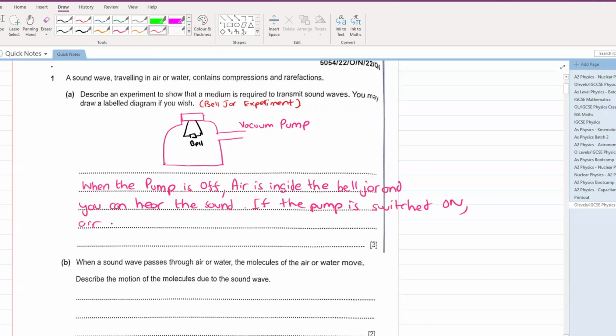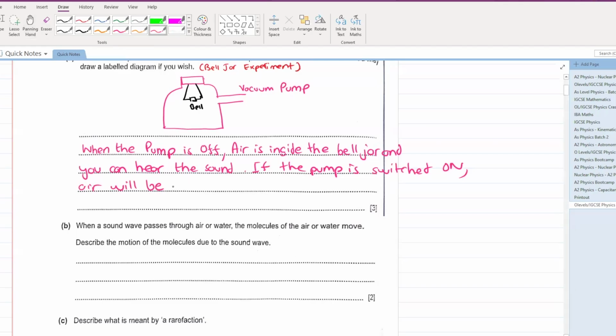Air will start to move out of the bell jar.